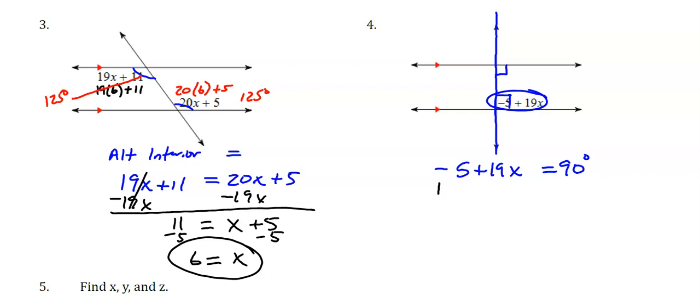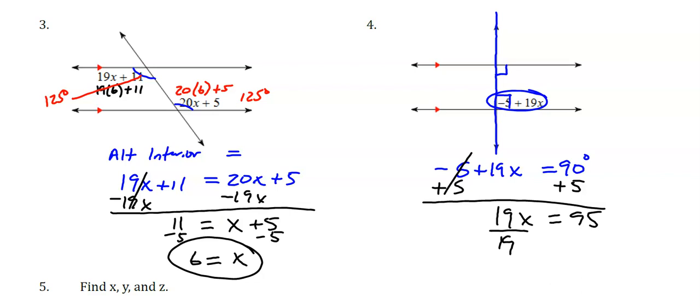First thing is I'm going to add the 5 to both sides because my x's are already on only one side. So 19x equals 95. Divide both sides by 19. And that goes in there 5 times. So x equals 5. And again, I could plug that in there and verify that it works.